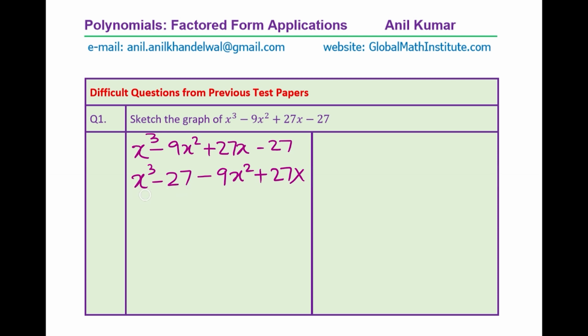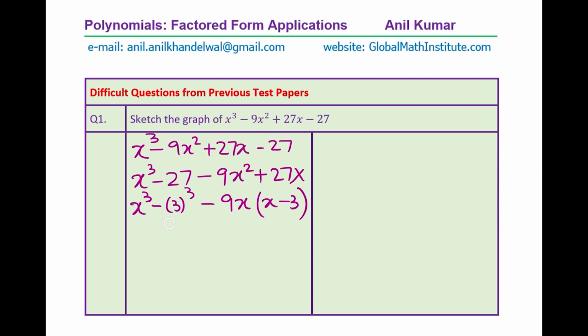The first 2 terms are a difference of cubes. It could be written as x cubed minus 3 cubed, correct? 27 is 3 cubed. Here we can factor out 9x and we get x minus 3, since 9 times 3 is 27.